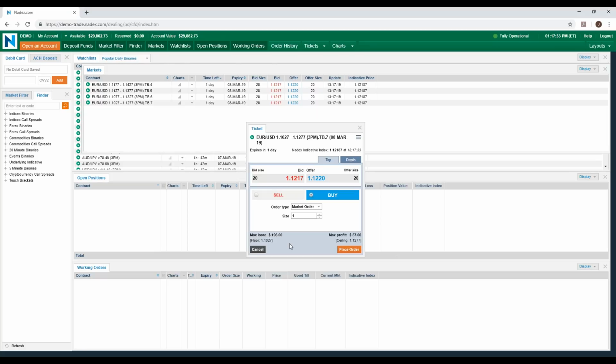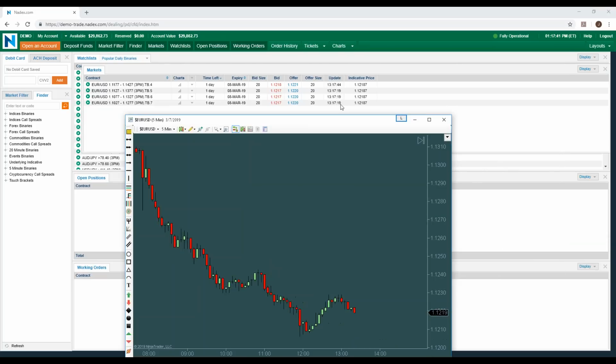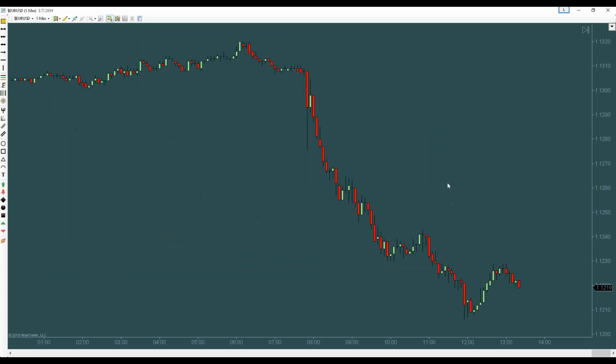Yeah, exactly. It would have to go down an entire 197 pips, right? I mean, let's look here. Here's a euro-dollar chart, 5-minute chart, okay? Price is at 1.1219. Well, if you were buying, going long, because you thought the market was going to go up, okay?